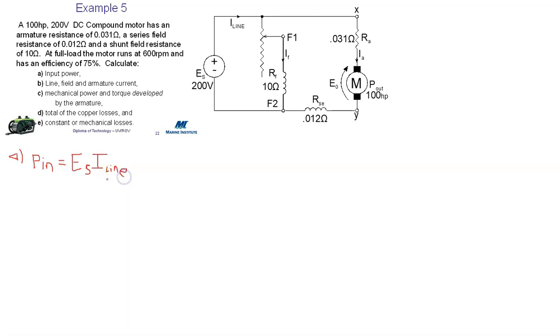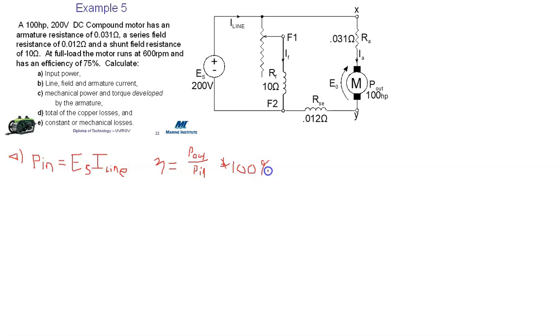Okay, so where else does the input power show up? Only one other equation. So if efficiency is equal to P out over P in times 100%, then that's where we're going to find our P in from.